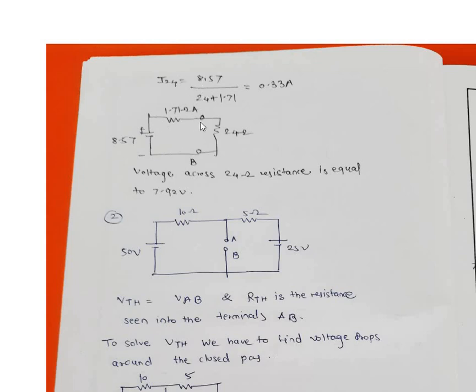Same current will flow through this RTH and the resistor of interest. So 24 plus 1.71 is the total resistance, and voltage is 8.57. So current coming is 0.33, and the drop will be 24 multiplied by 0.33, that is 7.92. So whatever we found from the conventional method, we get the same thing with this other method.